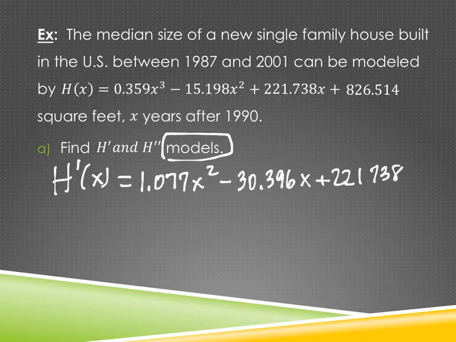Yes. What's step 3? The units. The units of the output. Okay, so what are the output units? The output of our original function here is square feet. So what are the output units for the derivative? Square feet per year. It's always output per input. So what I want to write down now is square feet per year. So I'm going to make mine a little bit smaller so I have more space.